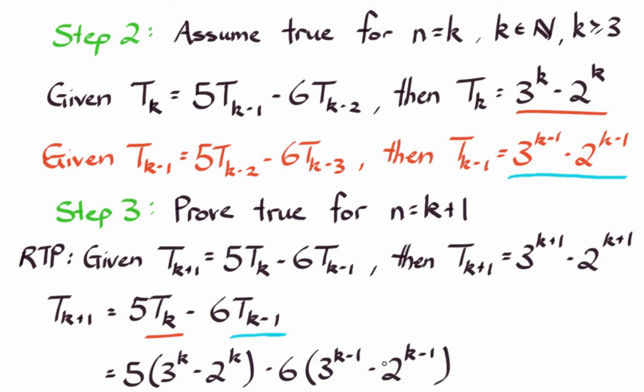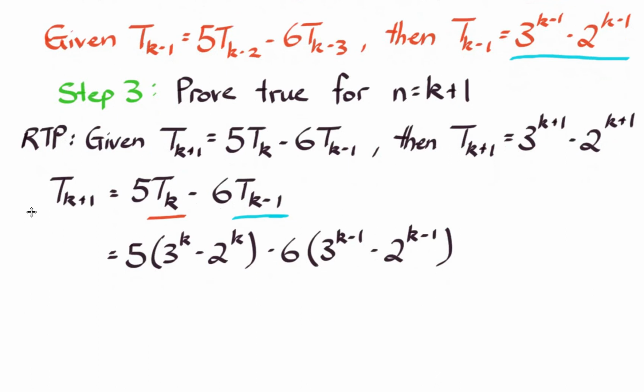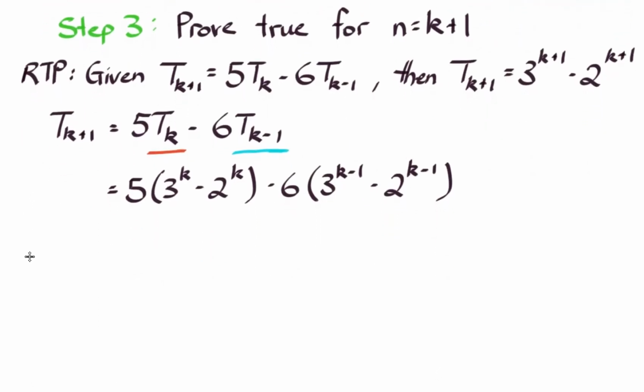And now we can set about trying to make this expression look like this. Once we do that, then we have completed step 3. So give ourselves a bit more room, and let's get to it.